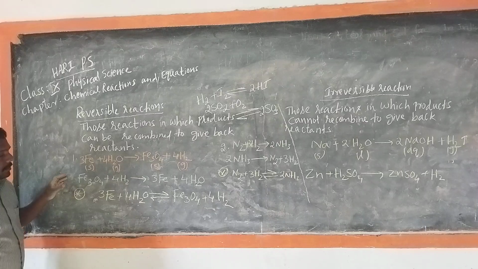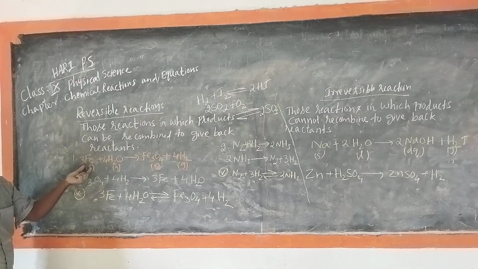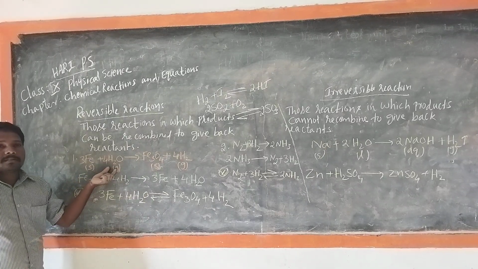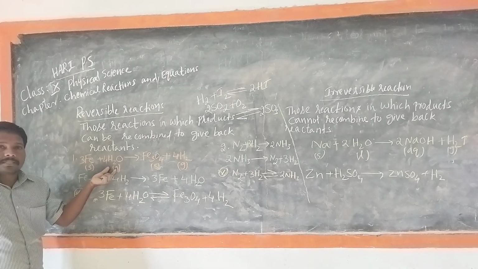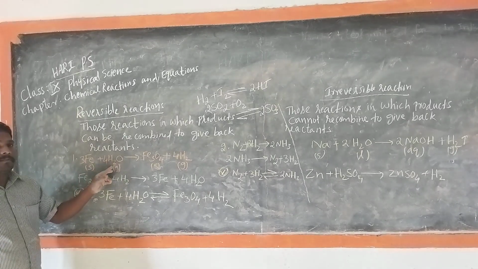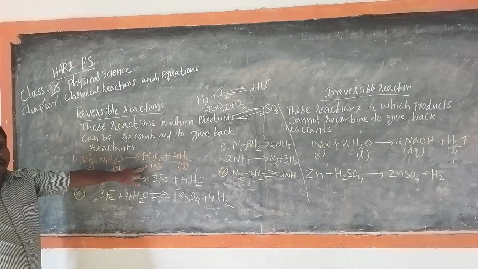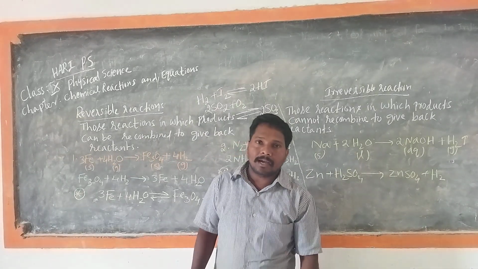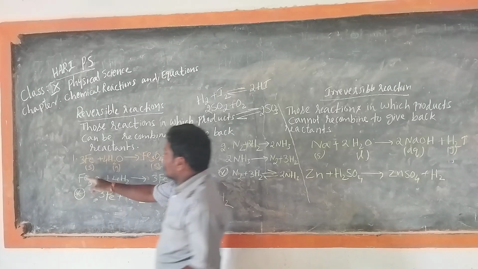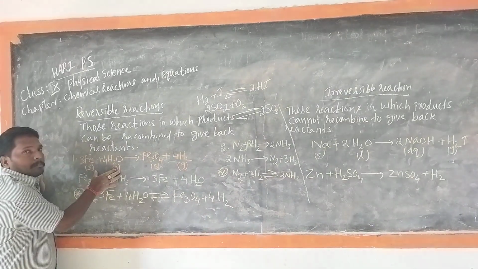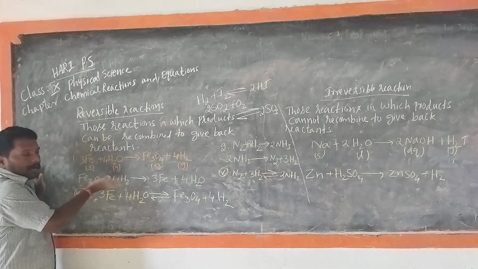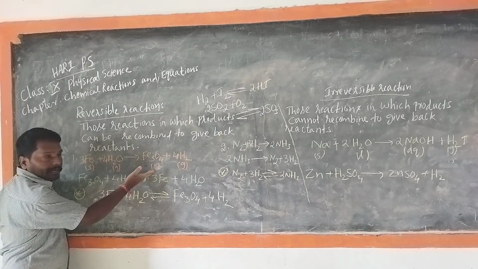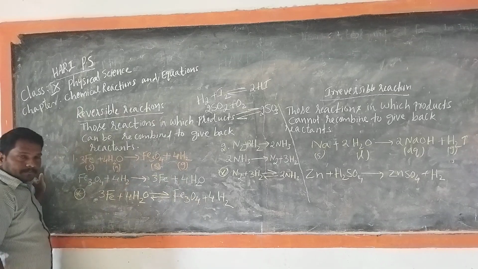Similarly, observe here: red hot iron. When we heat the iron red hot and it reacts with steam, nothing but water vapor, it gives iron oxide and hydrogen.